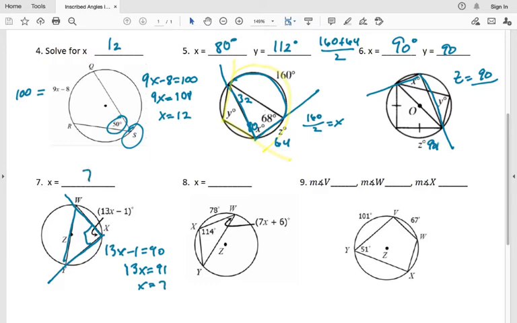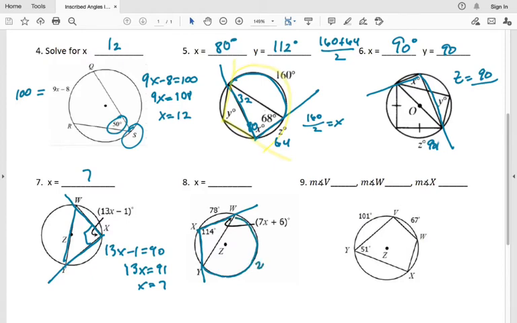All right, on the next one, this line right here is not a diameter because it's not going through the center of the circle. So we can't use that information. Instead, we're going to use the fact that this 114 right here is an inscribed angle. And so it will be half as big as the part of the circle that lies between its sides, which is all of this right here.